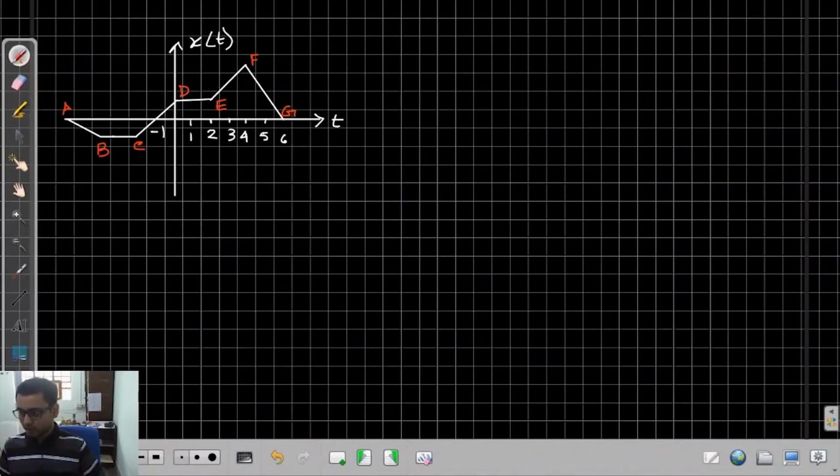This is the original graph which is given, and then step 1 is to draw x(t+3).